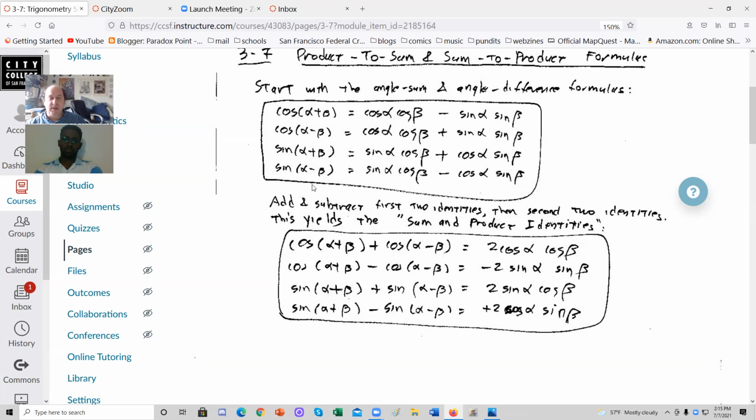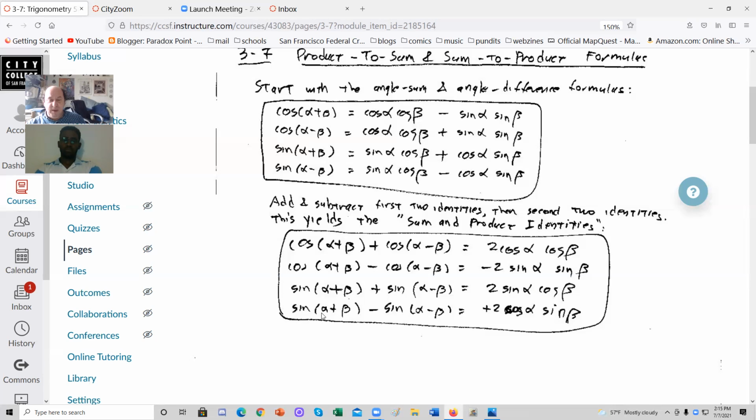You have a sine of a sum and sine of a difference. Again, a couple of common terms. If we add them, these terms cancel out and we get twice this. So sine of alpha plus beta plus sine of alpha minus beta equals twice sine alpha cosine beta. And if we subtract them, this cancels, and here you get minus this term, minus a negative is 2 of this term.